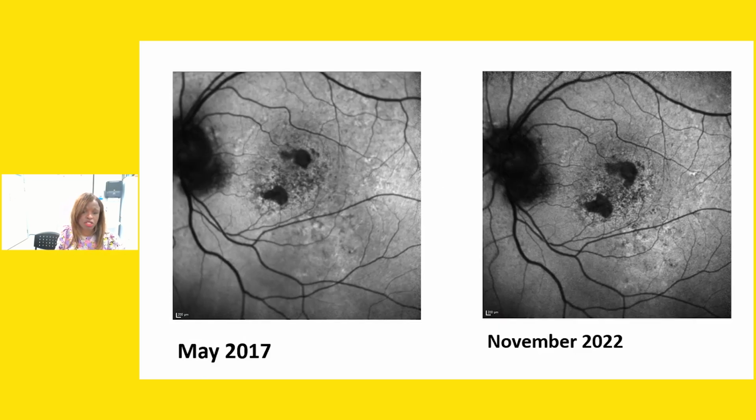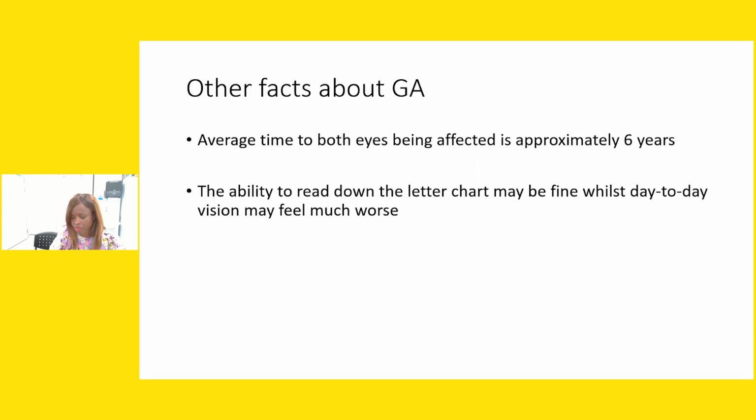Whilst this is another patient of mine over almost a 5.5 year period, and you can see the black areas of geographic atrophy, and over 5 years, the black area is a little bit bigger, but not that much bigger. So, both have geographic atrophy, but one is growing at a very, very slow rate, whilst the other is growing faster.